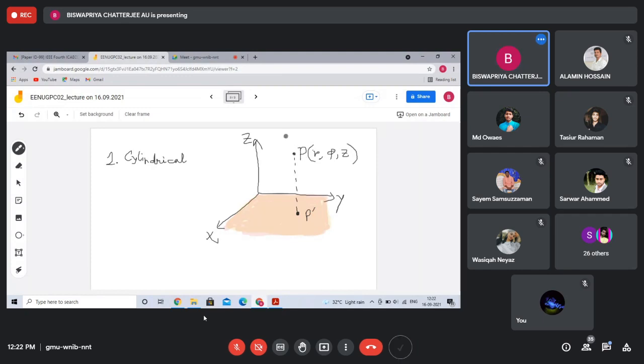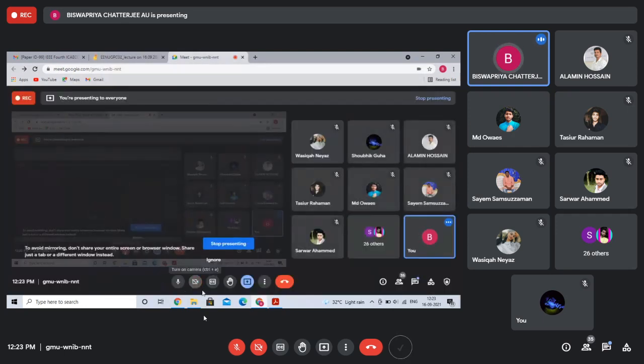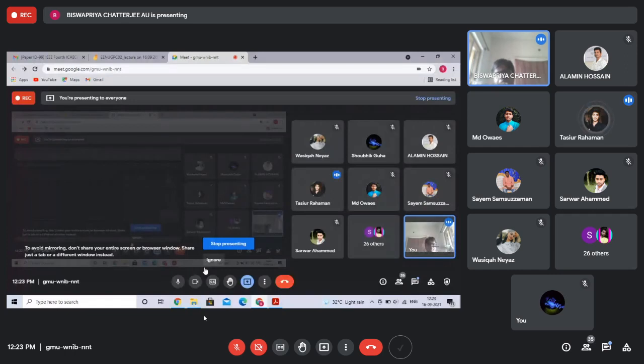So if you are observing from here, it is your eye. Looking from this view, P dash is nothing but the image of P. Okay. So what is P dash?